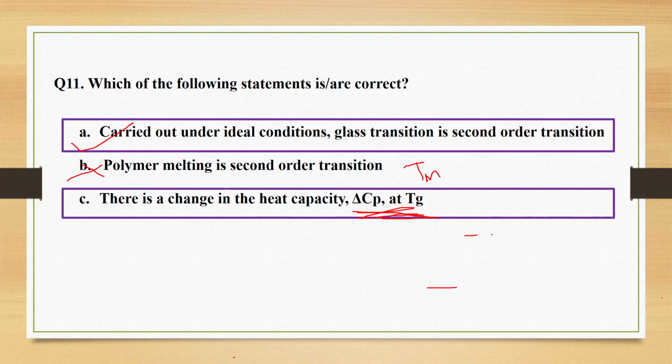Obviously at Tg there is a change in heat capacity, I just showed. If you plot Cp versus temperature, then at this particular midpoint you can get your Tg value. So the third option was correct as well, and the correct answer for this question was A and C.